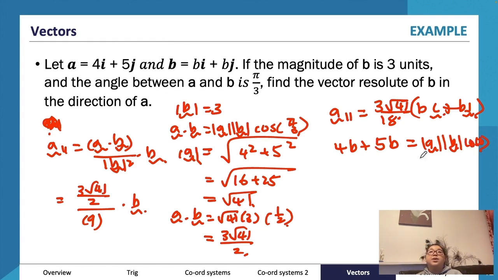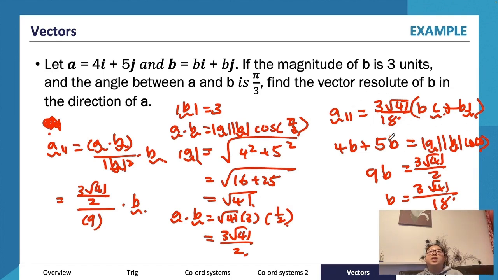That's another way that we can represent it, right? And we know what a is, we know what b is, we just found that. So 3 root 41 over 2 is going to be essentially 9b. So b is going to equal 3 root 41 on 18, which coincidentally is actually the same value here as well. So that's kind of a bit funny.